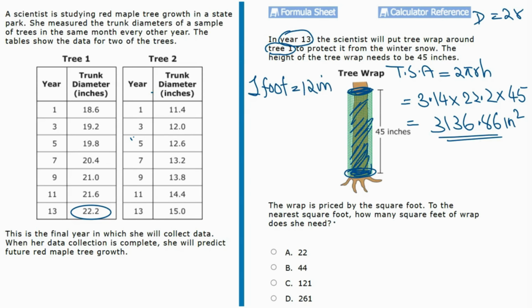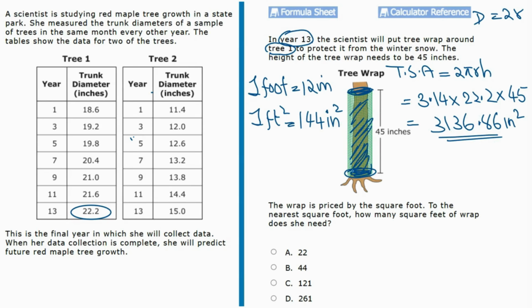We need the answer in square foot. So that means 1 foot square is equal to 12 times 12, that is 144 inch square. So 1 foot square is going to be 144 inch square. So this many inch square, how many foot square? That is what you have to find.